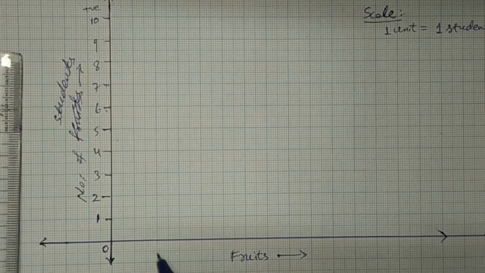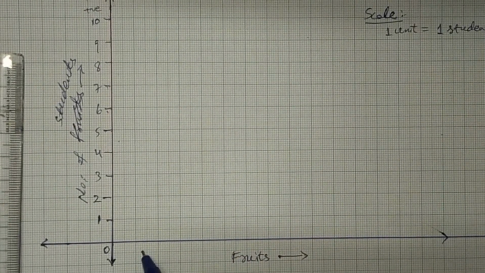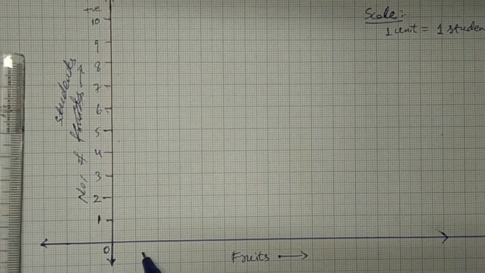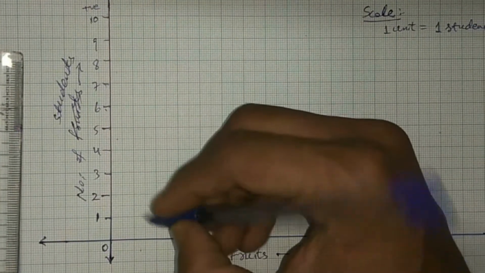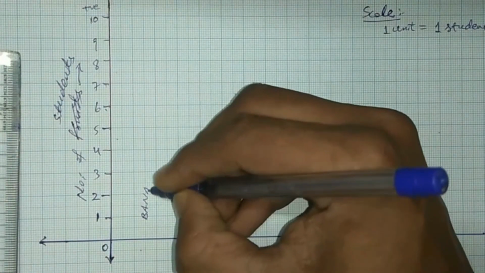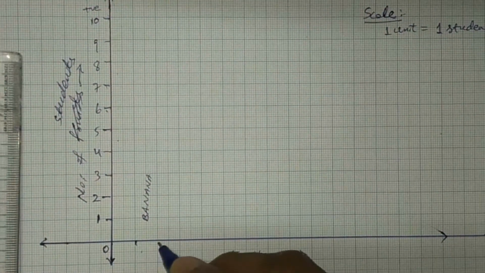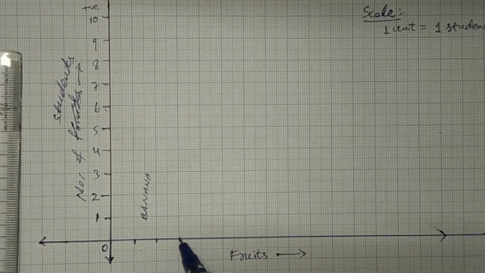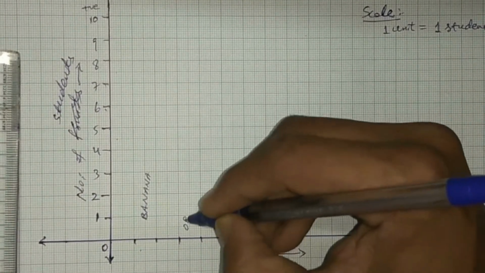Now, on the horizontal axis I will consider one unit with some name of the fruit. Here I am considering banana, from here to here, then I will give a gap, and from here to here I will consider orange.